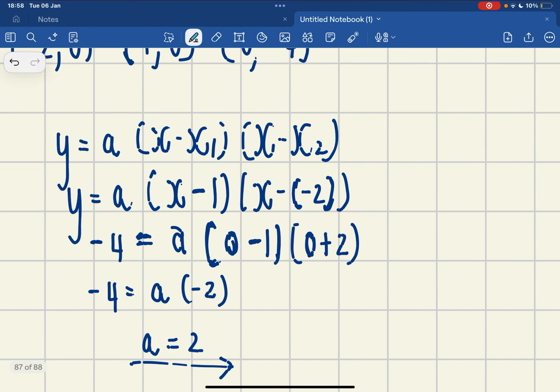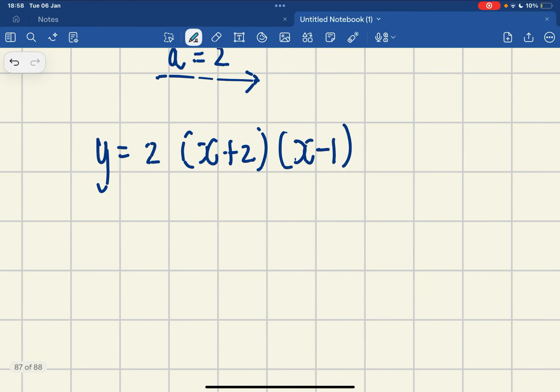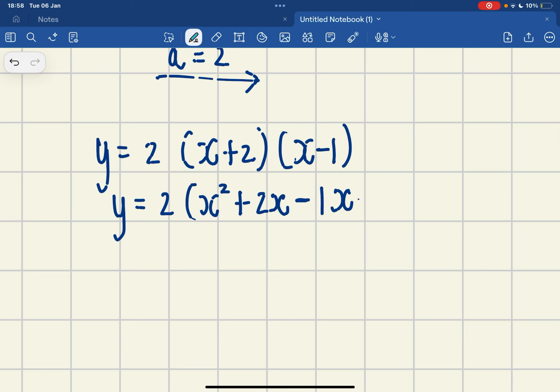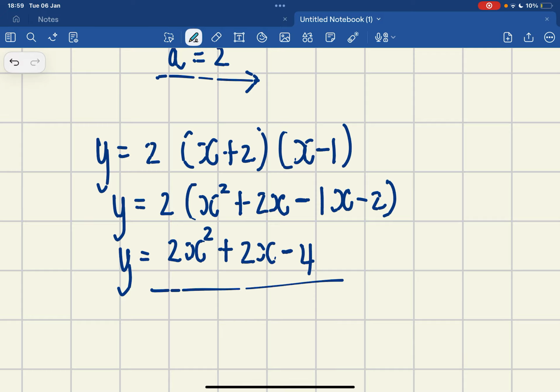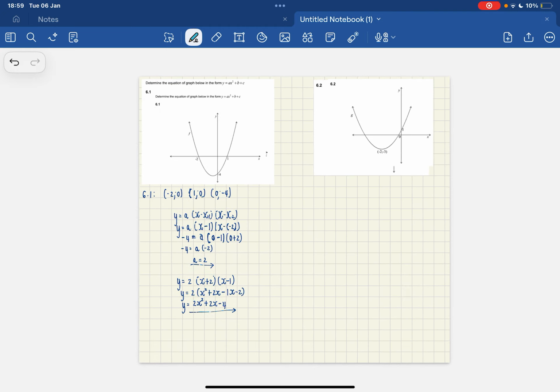If you're asking me, I just swap these two around, and then from there on, y is equal to 2 multiplied by x squared plus 2x, minus x minus 2. Y is equal to, therefore, 2x squared plus 2x minus 4. That's the equation of the graph, and it does make sense.